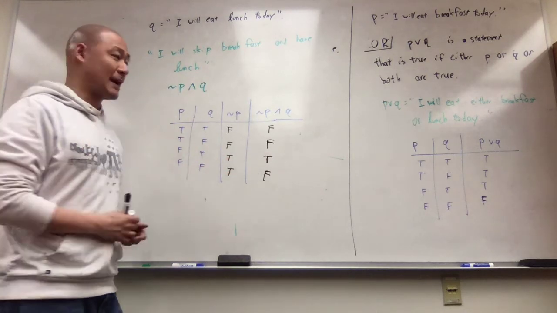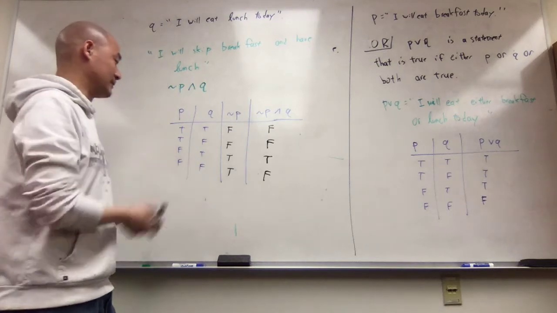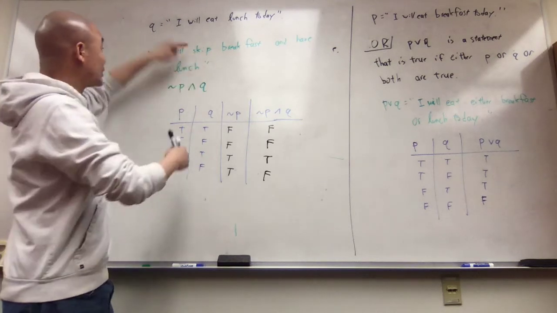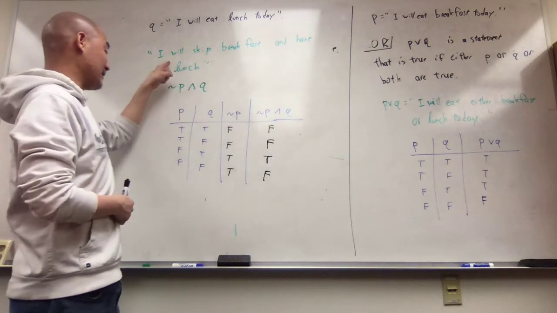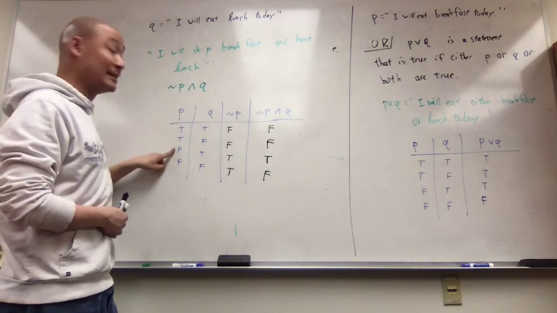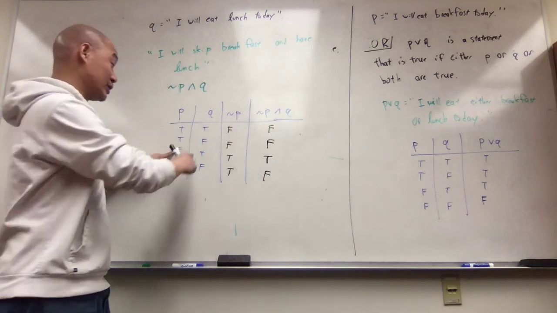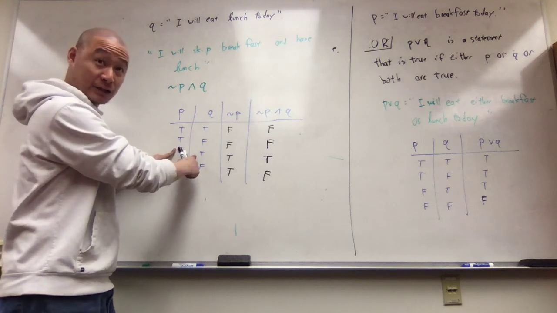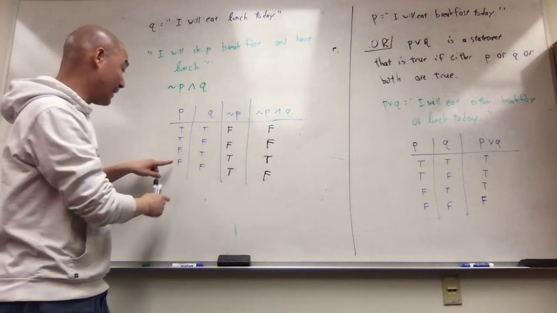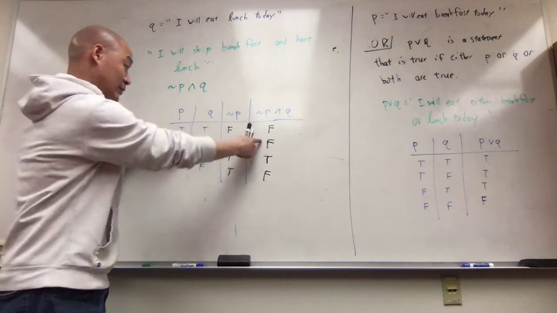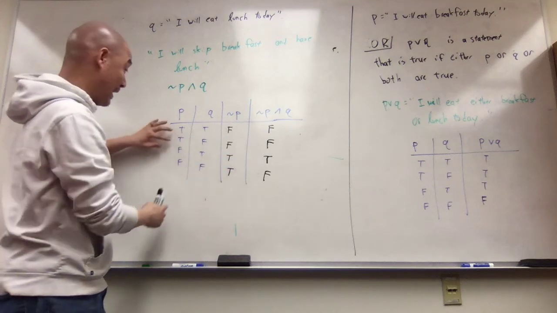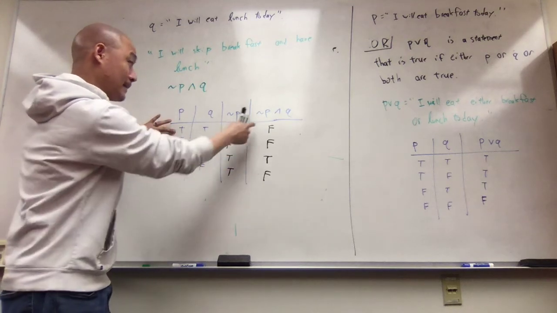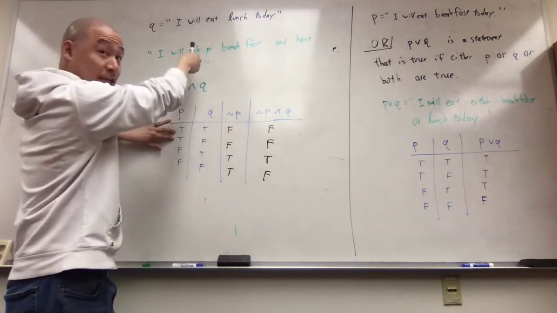Now let's see if that makes sense just intuitively. If you say I will skip breakfast and have lunch, you should definitely skip breakfast. You should definitely have lunch. If you don't have lunch, you're false. If you eat breakfast, you're false because you said you would skip breakfast.